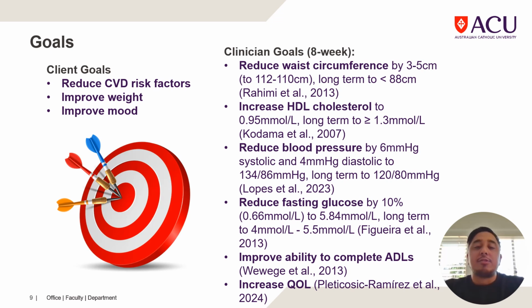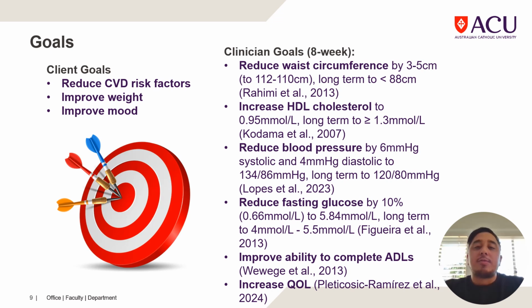Systolic blood pressure was reduced by an average of 10 millimeters of mercury, while diastolic blood pressure decreased on average by 5.7 millimeters of mercury. As my program that will be implemented is for 8 weeks, or 66% of the duration of these results, it is expected that blood pressure will potentially reduce by 6 millimeters of mercury systolic and 4 millimeters of mercury diastolic.